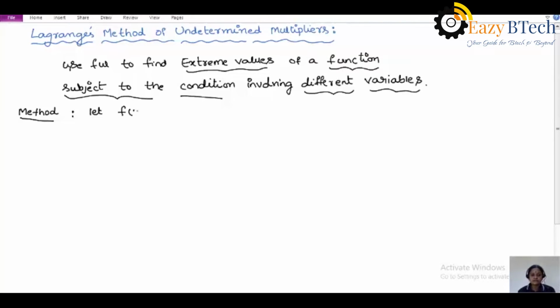Let f of x comma y comma z be a function and phi of x comma y comma z be the subject to the condition.